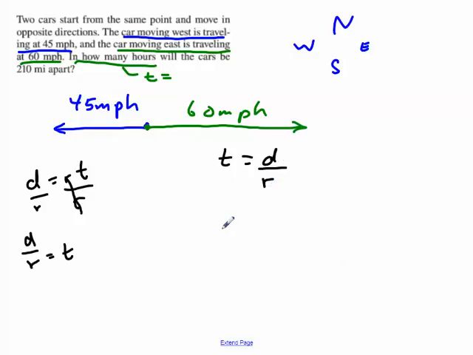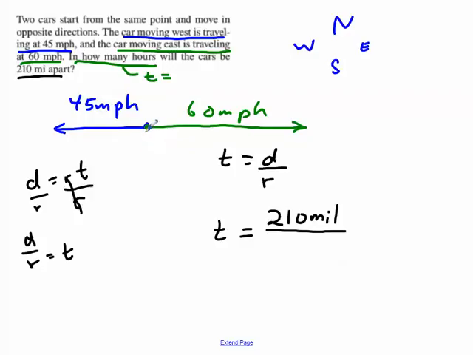All right, let's see. Time, we don't know, equals distance. It says in how many hours will the cars be 210 miles apart? So 210 miles. And my rate. Well, let's see.